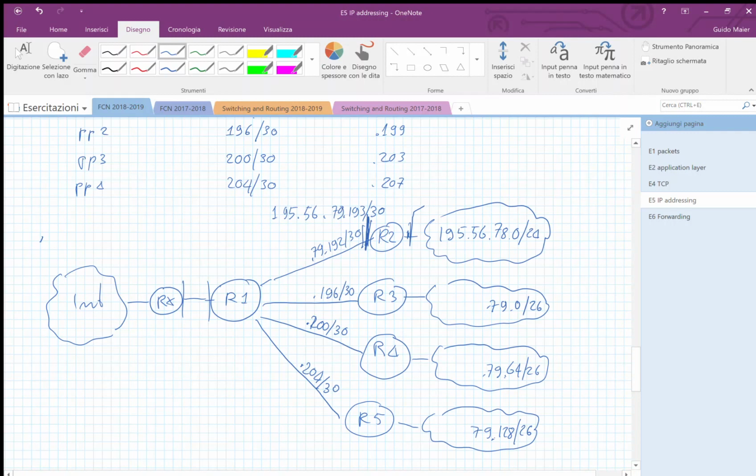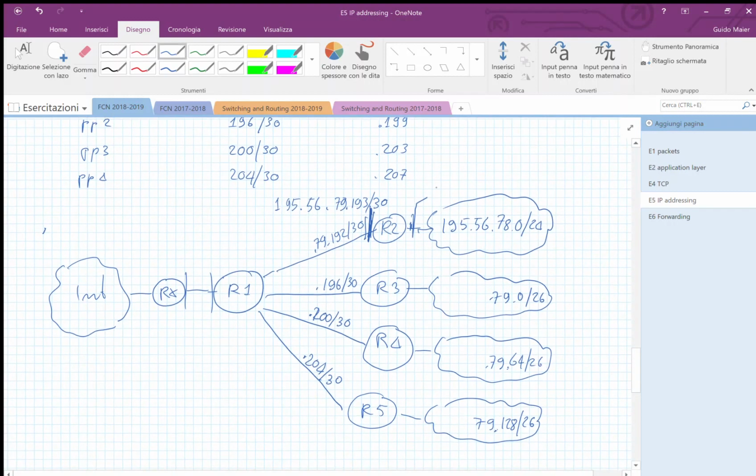And here we have to choose another value inside the network, the subnet A block. It's a common practice to assign to the router, to the gateway interface, the last possible address in the block that can be assigned to an interface. So in this case it would be 195.56.78.254/24.